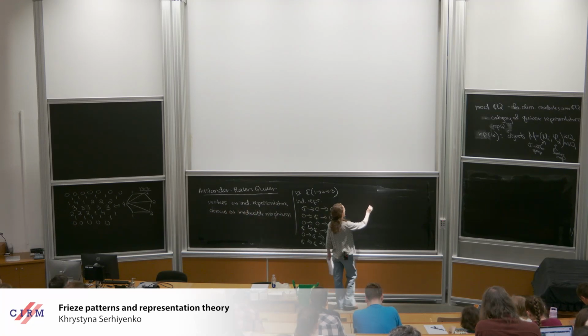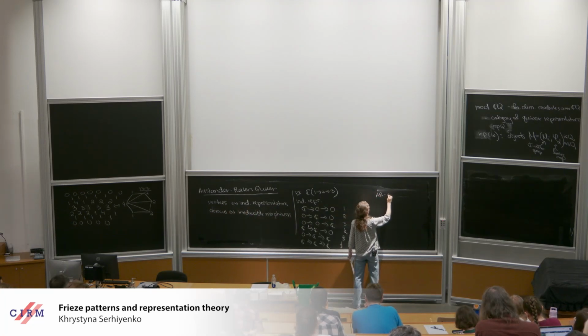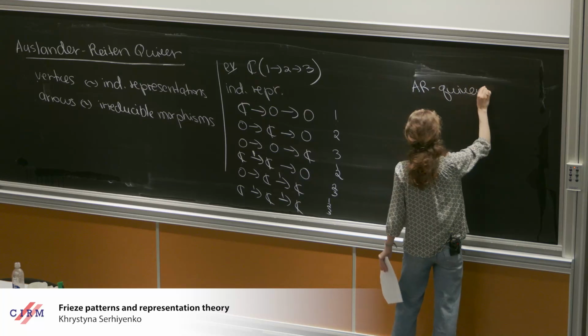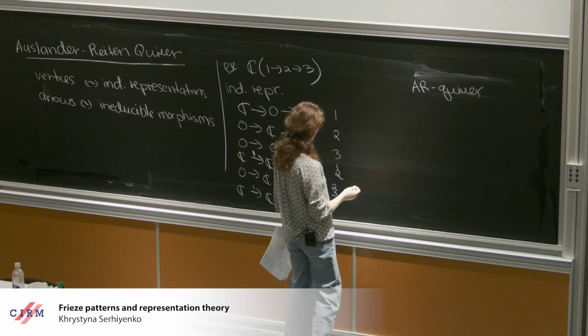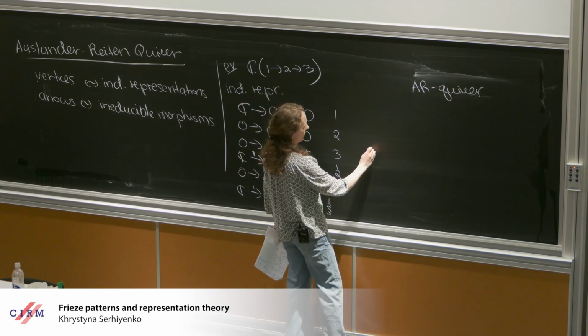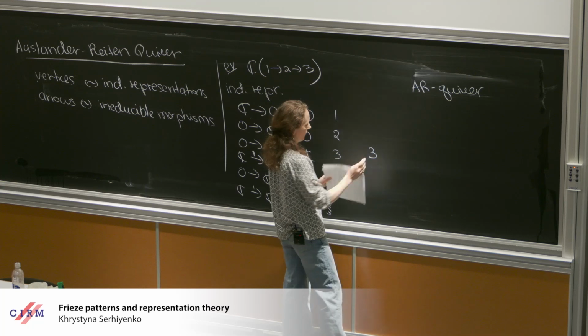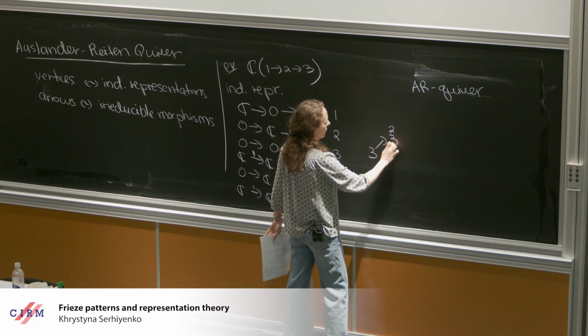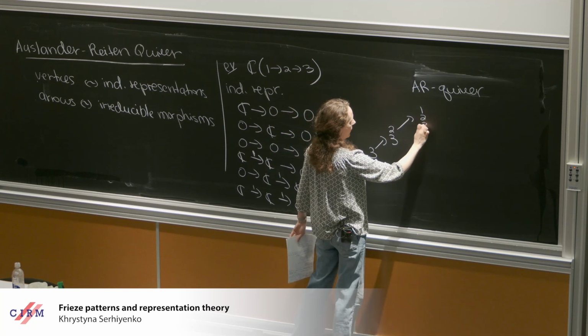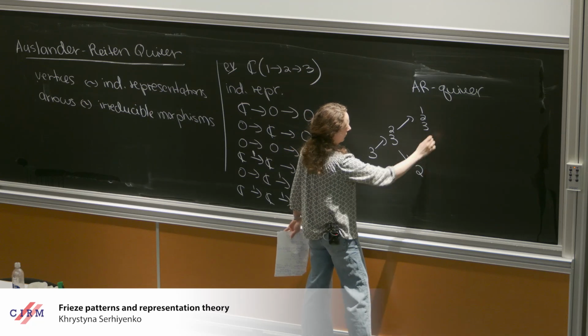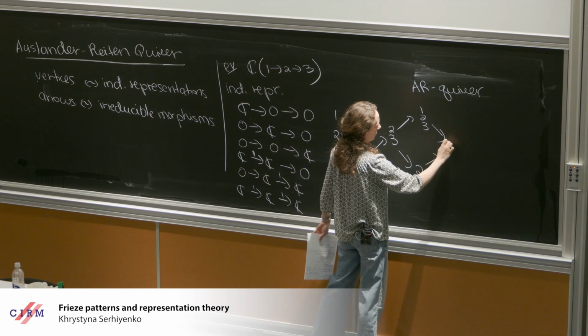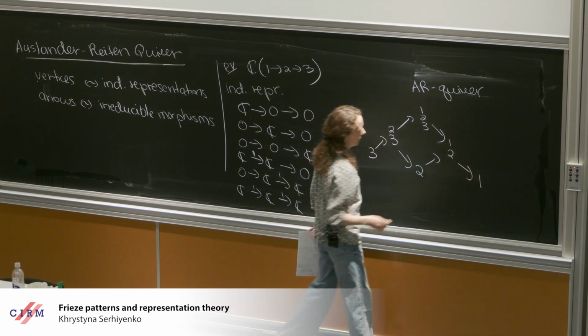And then the AR quiver, it turns out, is as follows. In this notation, 3 goes to 2, 3, then 1, 2, 3, then 1, 2, then 1.